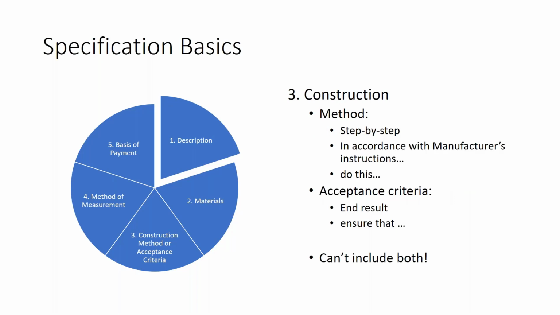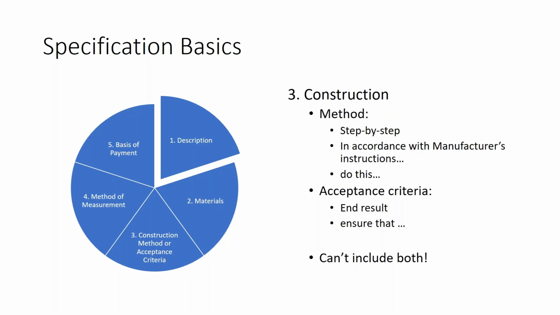The construction. Sometimes we want to detail a method or step-by-step guidance. Sometimes we just want to refer to "in accordance with the manufacturer's instructions." Oftentimes our instructions just tell the contractor to do this: dig a hole, place the concrete, etc. Sometimes our specs are written based on acceptance criteria.